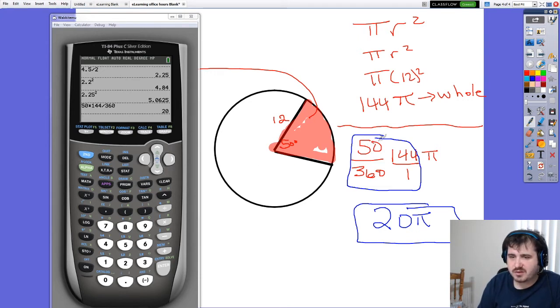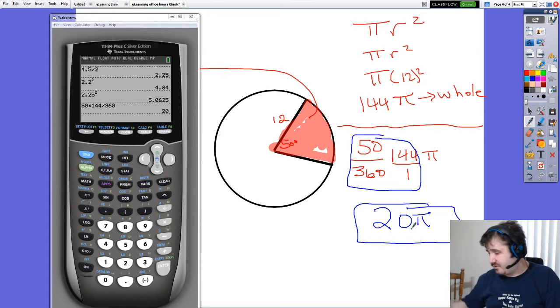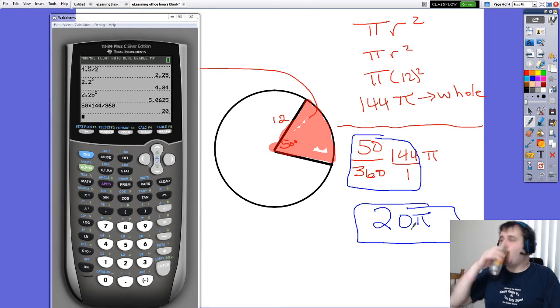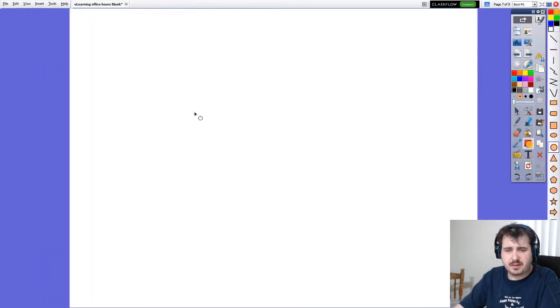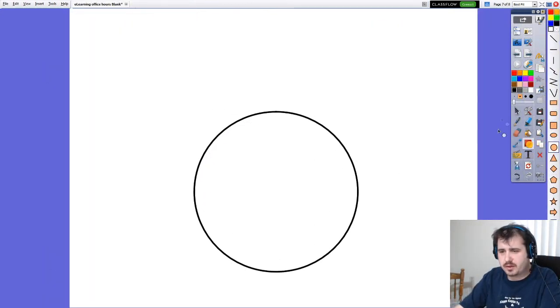So let's multiply what I got for the whole thing by this percentage to scale it down to what I want. And there's my answer, 20 pi. Now, your answer is going to be slightly different because they use different numbers than yours, but same idea.